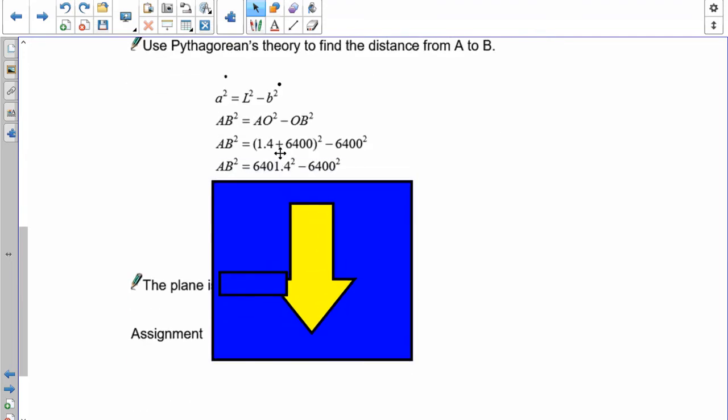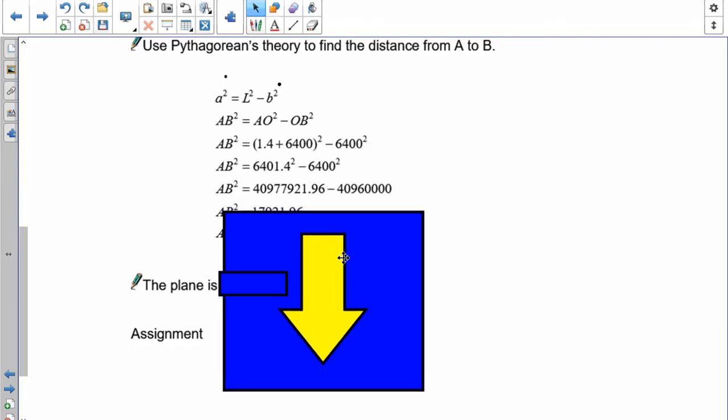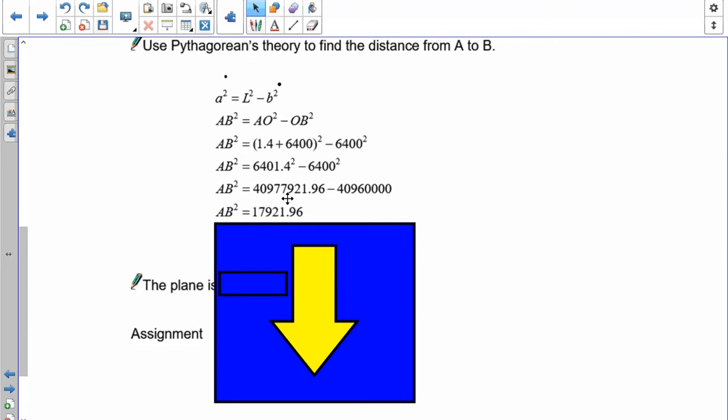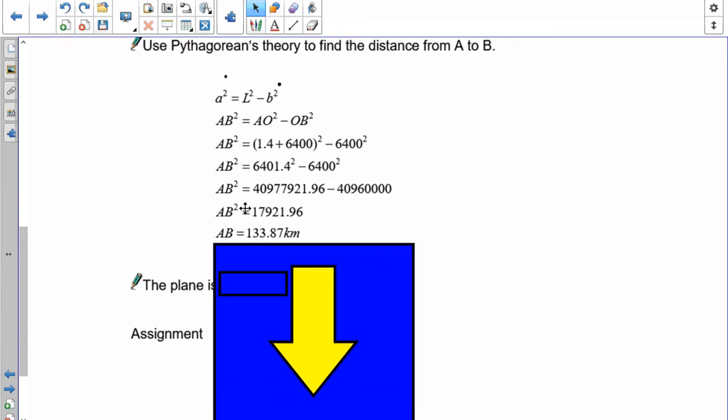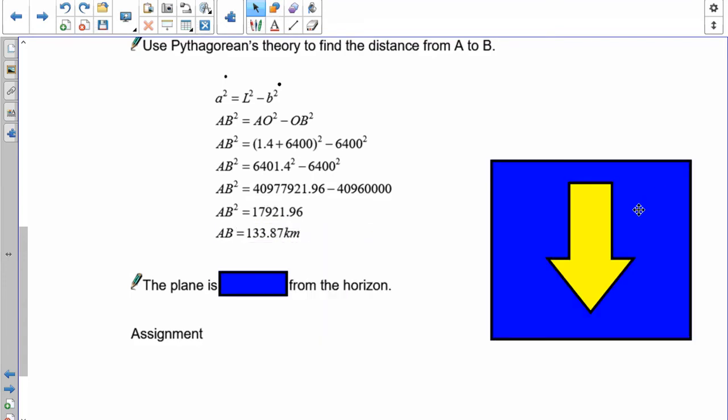So I've got 1.4 plus 6,400, which gives me 6,401.4, minus 6,400, squared. Of course, that gives me 40,977,921.96, and this is 40,960,000. You subtract those and you get 17,921.96. And of course, when you take the square root, you get 133.87. So that means the plane is 133.87 kilometers from the horizon.